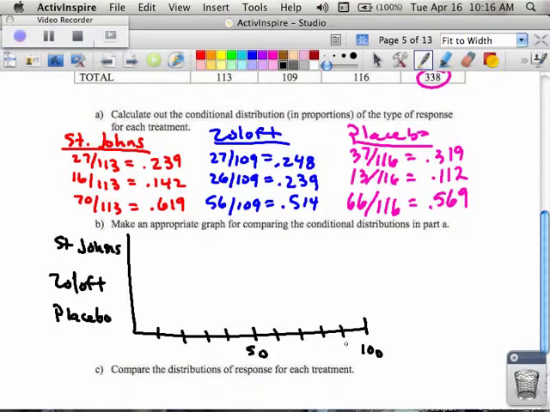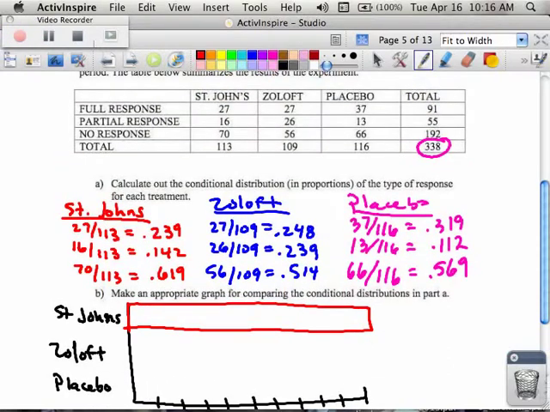Based on what we have here, take St. John's for example. Out of the whole 100% for St. John's, part of that was what they called a full response, a partial response, or no response to the treatment. I'm going to do each one of those.